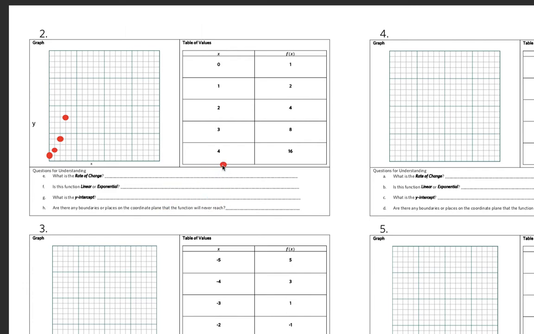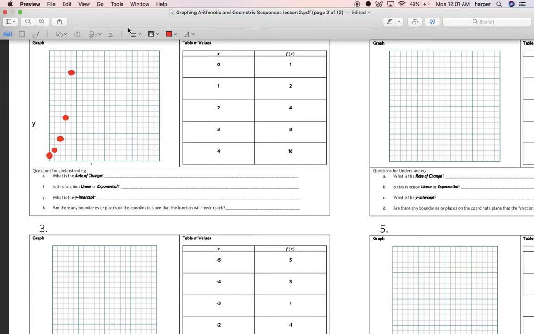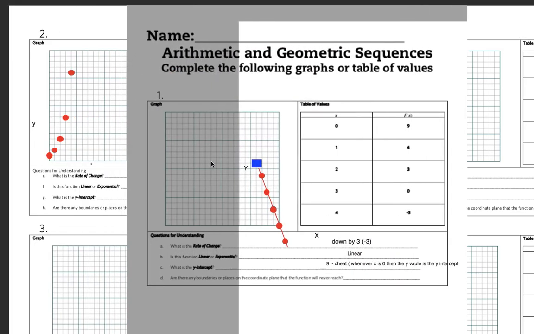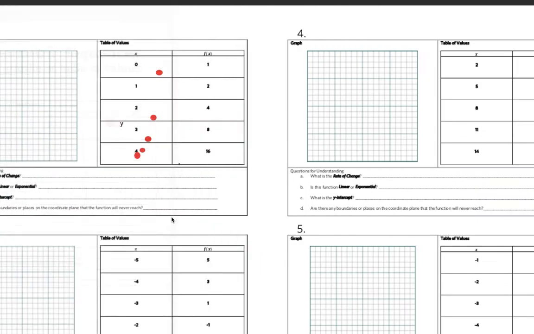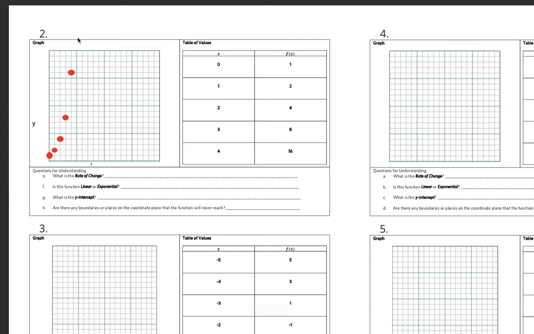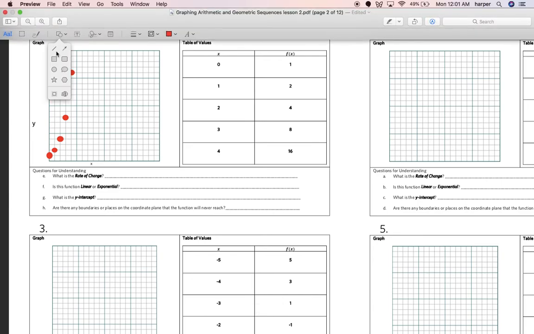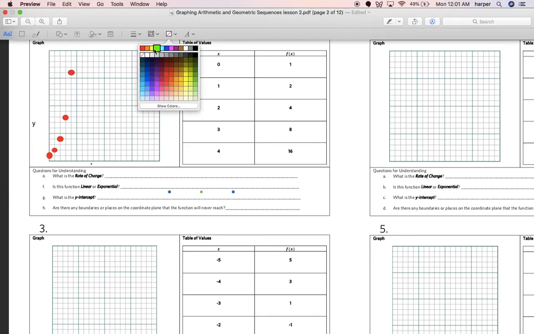When you grow really fast, are you linear? So x is 4, and 16 is right here. If you're linear, you only grow at a nice steady pace like the last one. We decrease at a nice steady pace, nothing changed, but this one does a jump.